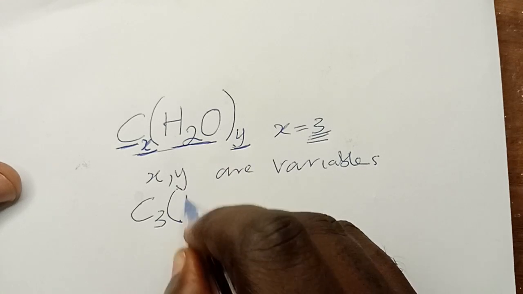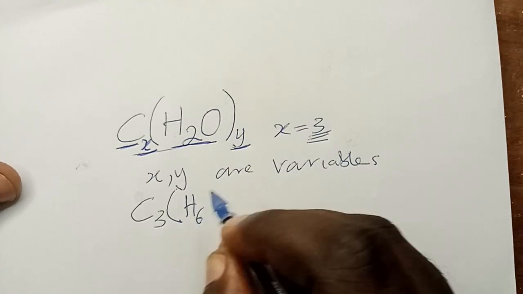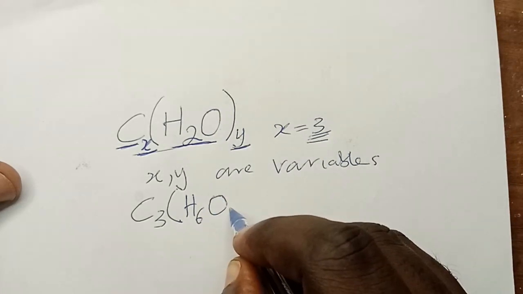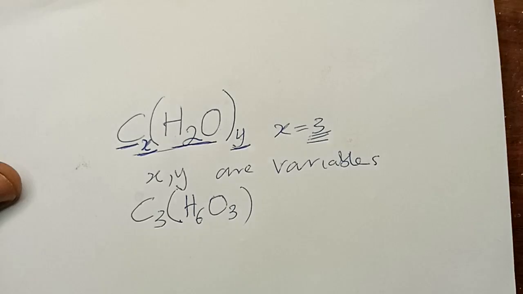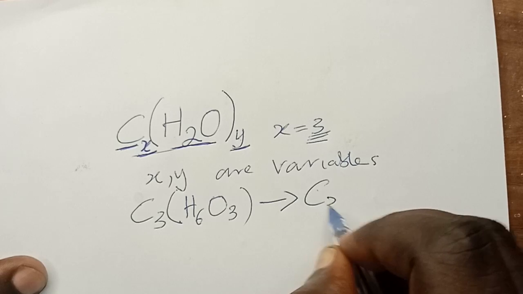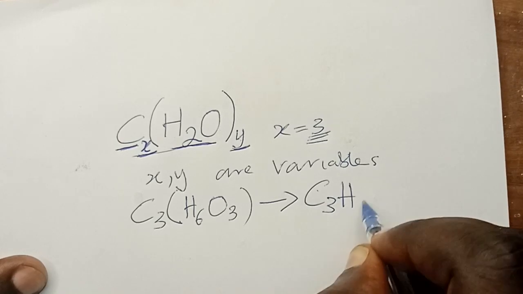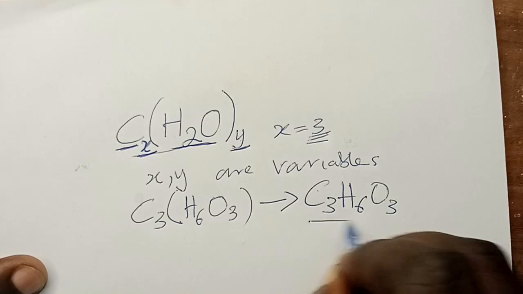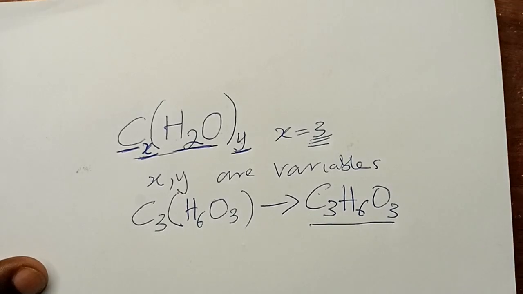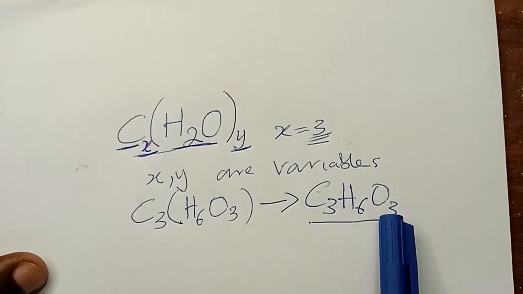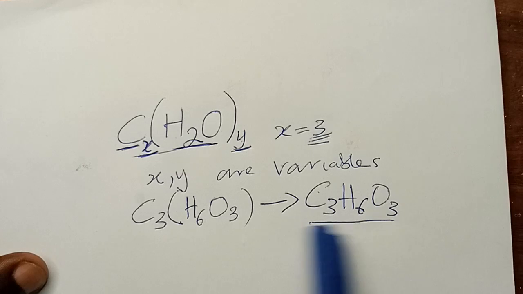Therefore, we have H6 and O3. It is still the same as C3H6O3. This is the triose, so we call this trioses.